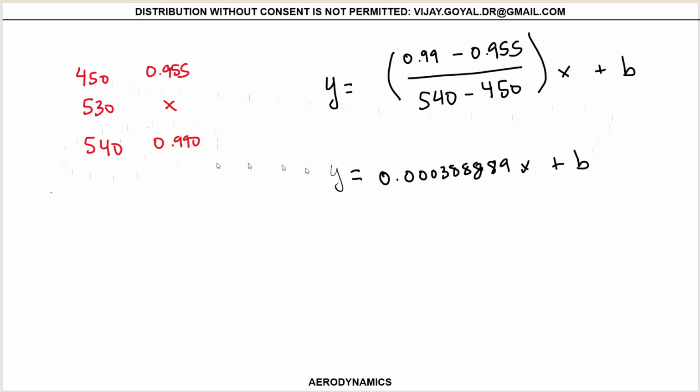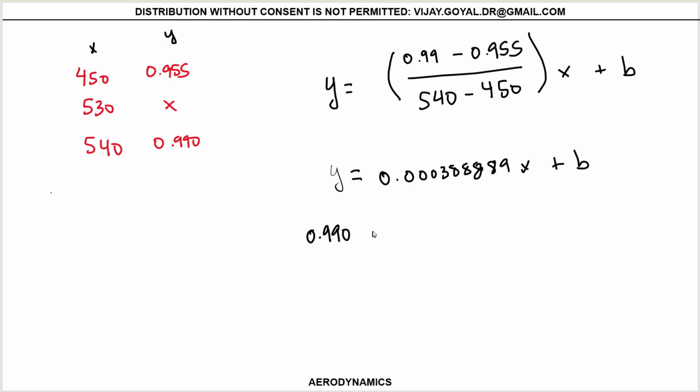Let's say I want to use the last one. The answer will be 0.99; this is y, and this is my x.